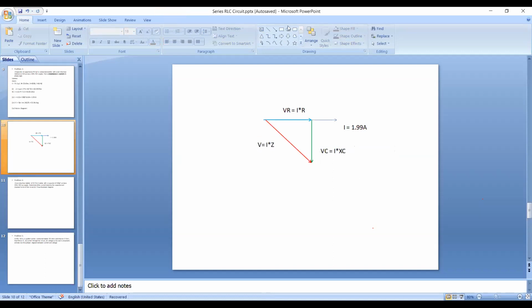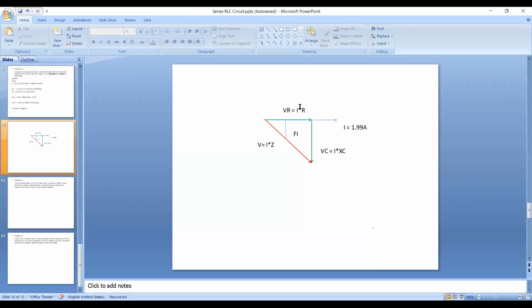And there's a phase angle phi, which is equal to 53.16.